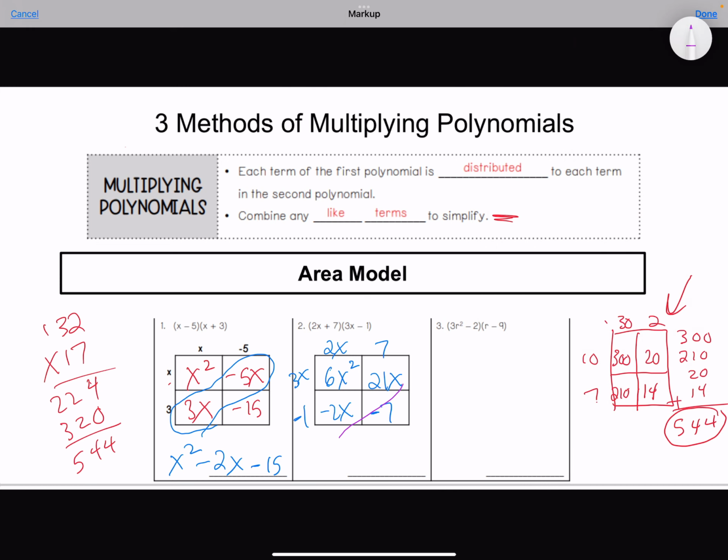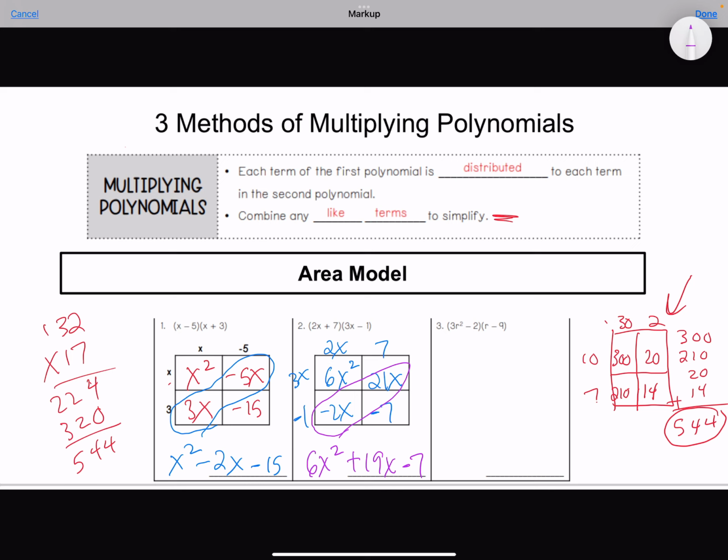We're going to combine like terms. I always start with the 6x squared because remember they go in descending order of exponents. And then I combine these, I have 19x, and then I have my constant.